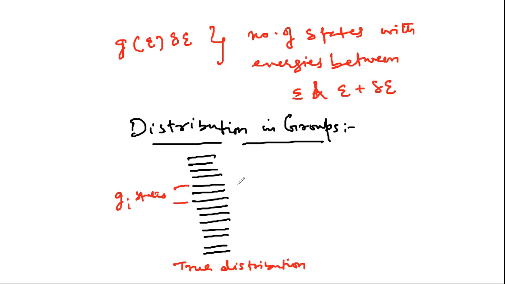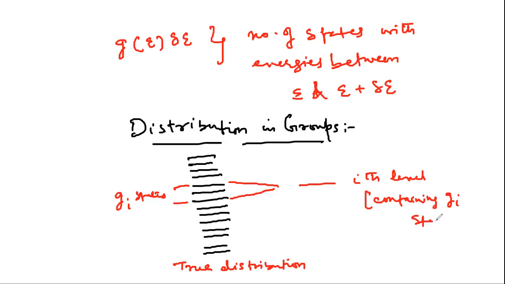into a single state, which I call the ith level. This ith level is containing Gi states.